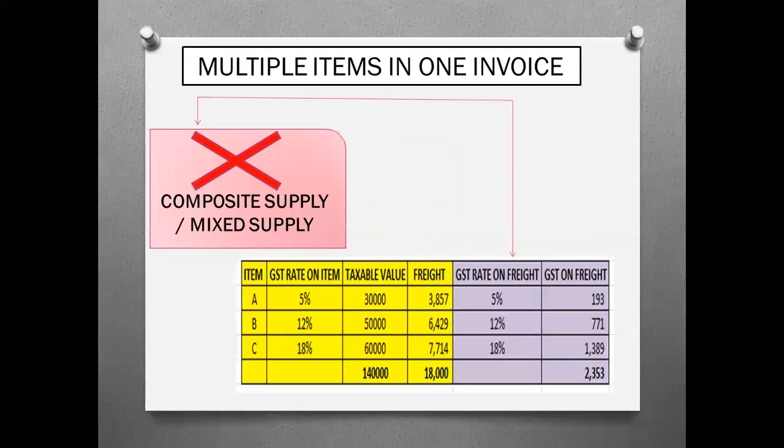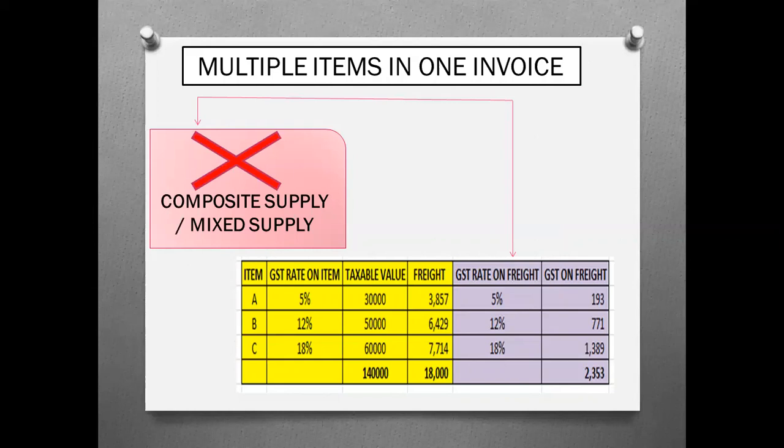Now, moving on to the second case or second scenario, what is the GST rate on the freight charges if the invoice consists of more than one item or multiple items with different GST rates for each item?